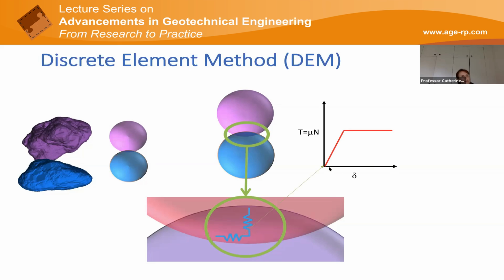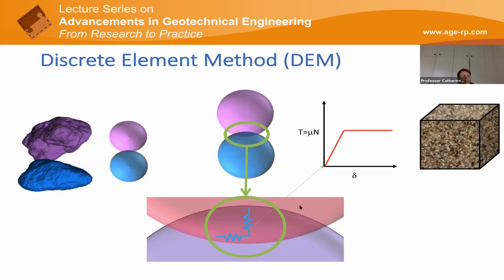In our shear spring, we allow a force to develop up to a limiting force, which is determined by Coulomb friction. So when this force in the tangential or shear direction gets up to be equal to the product of the coefficient of friction for the surface and the normal force, then we allow sliding to take place.